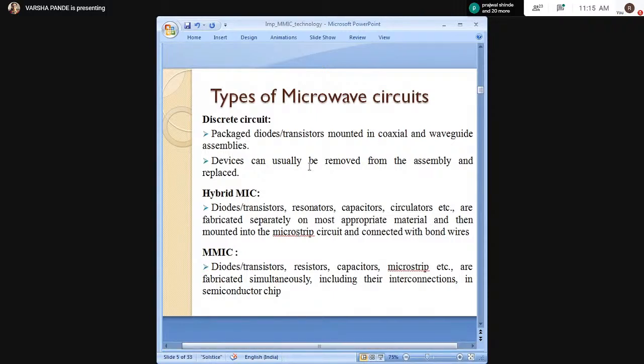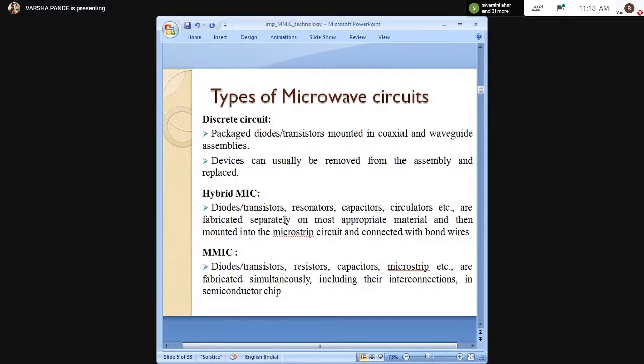The interconnects we are making by using metals or metallization. Then all this circuit is fabricated on a single integrated circuit in which all the active and passive components are fabricated. Such types of circuits are called a monolithic microwave integrated circuit.